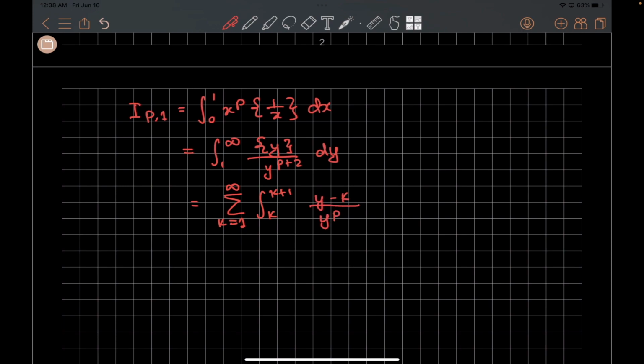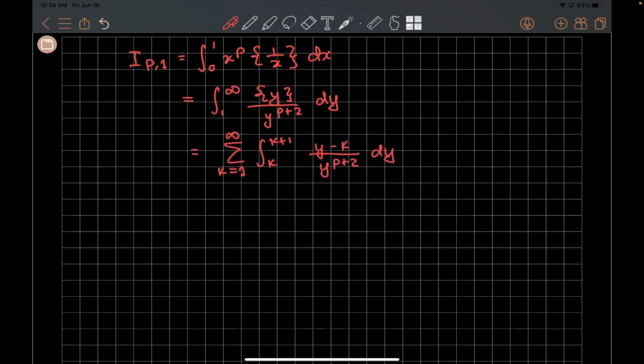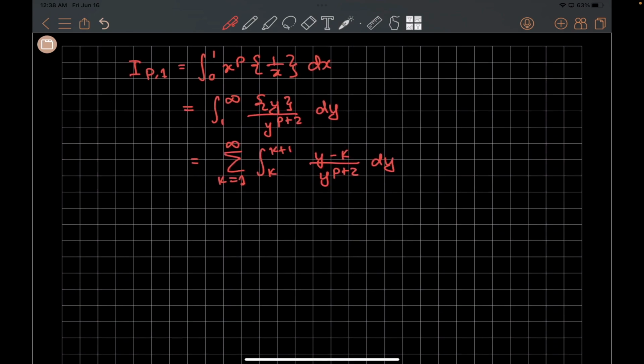We get y to the p plus 2 dy. So now if we split this up into two terms, we have y over y to the p plus 2, which becomes 1 over y to the p plus 1, which we can integrate. I'm going to skip some steps because otherwise this will be a long video. We integrate that, we get minus 1 over p y to the p from k to k plus 1.